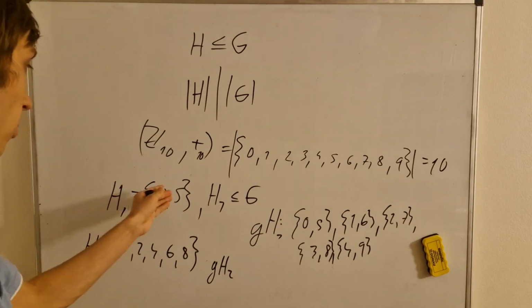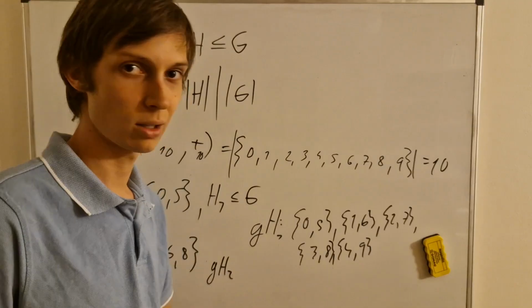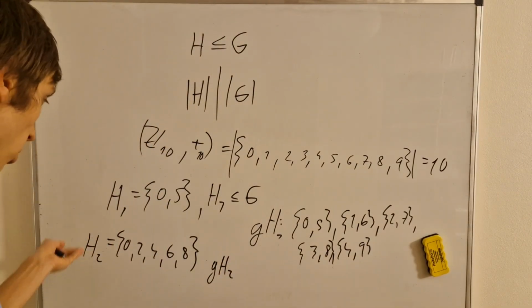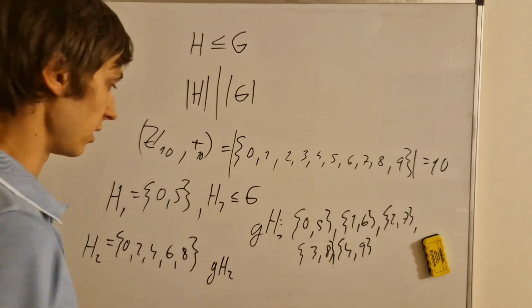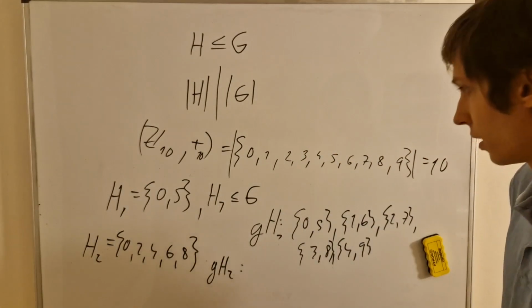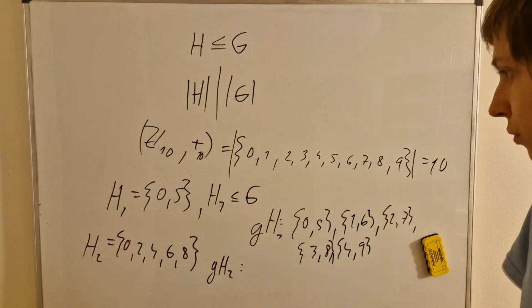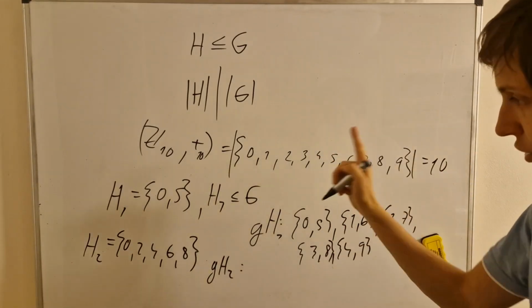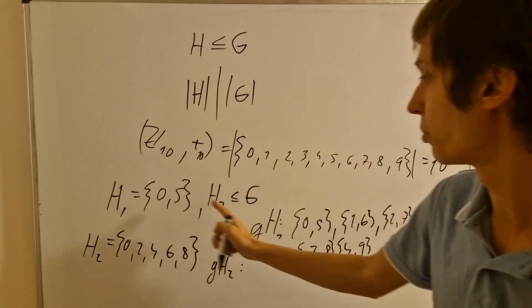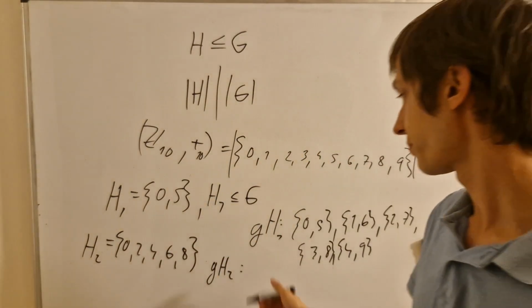And we see for the subgroup of 2 elements, we have 5 distinct cosets. And you can perhaps already guess, for the subgroup of 5 elements, we will have 2 distinct cosets. Let's see. So take just one element at a time from G and put it in operation with all of H.